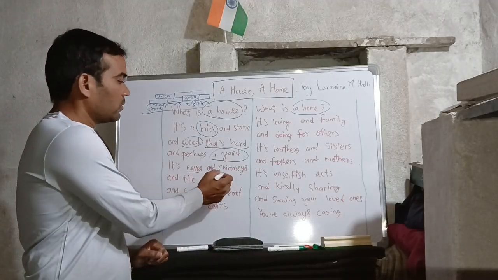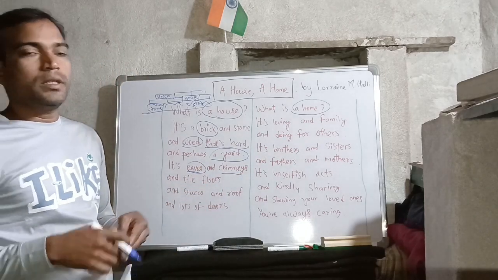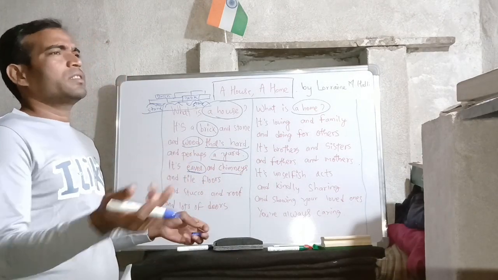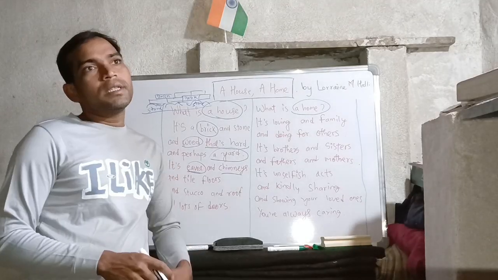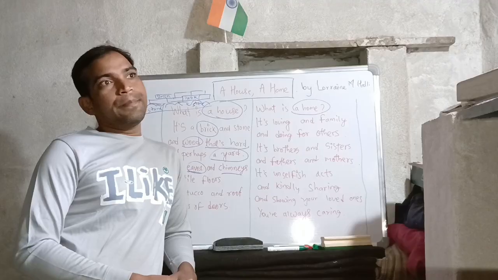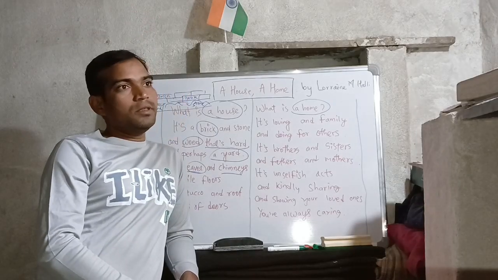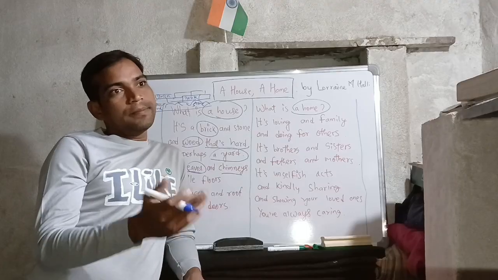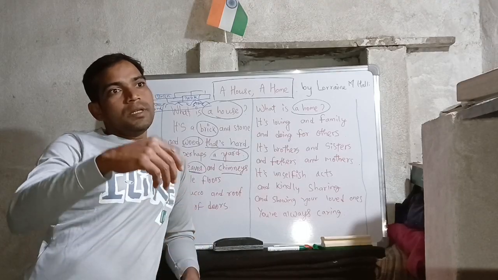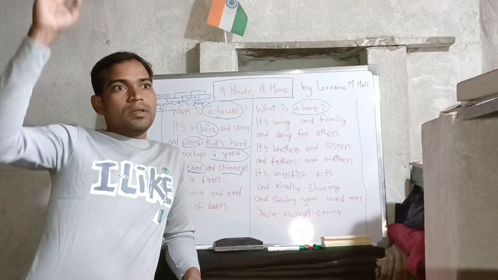It's eaves and chimneys. Eaves are an extra part of a house. Not extra parts, but designed to protect the wall, and designed to decorate the buildings. The chimneys, of course, allow the gas of the house to emit out of the house.